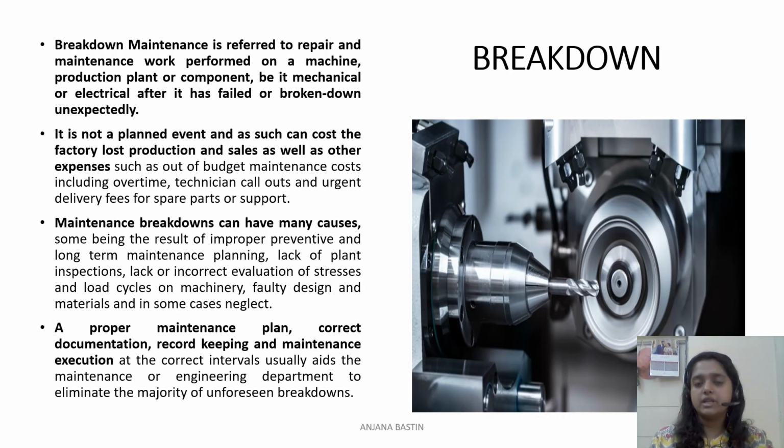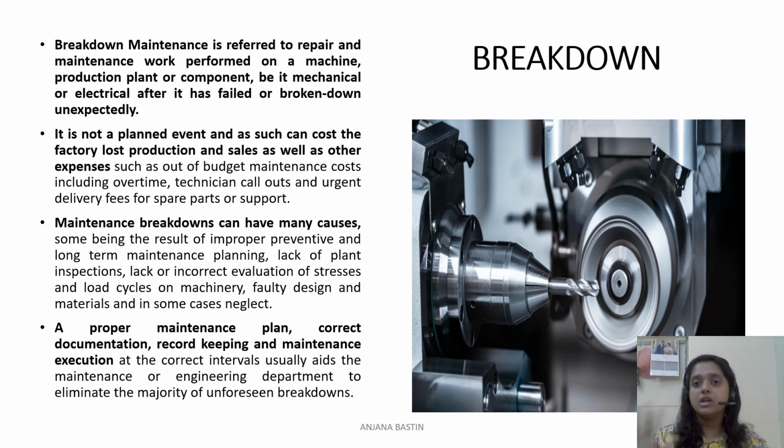Now, what is breakdown? Breakdown is where you have to do some sort of repair or maintenance work on your machines. This is when the machine stops working, which may be attributed to any mechanical reason or any electrical reason. Whichever be the type of machine, be it mechanical or electrical, you have to find out the cause of the breakdown, why it has stopped, and you undertake the repair work.